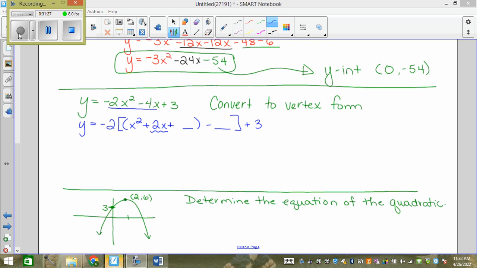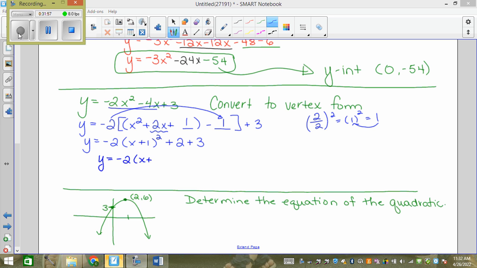We take our b, which is our new b, divided by 2, and square it, which is 1 squared, which is 1. We don't skip any steps. So we get y equals negative 2, x squared plus 2x plus 1 minus 1, square bracket, plus 3. Don't forget to multiply these. Negative 2 and negative 1 is positive 2 plus 3. And y equals negative 2 times x plus 1 squared plus 5.